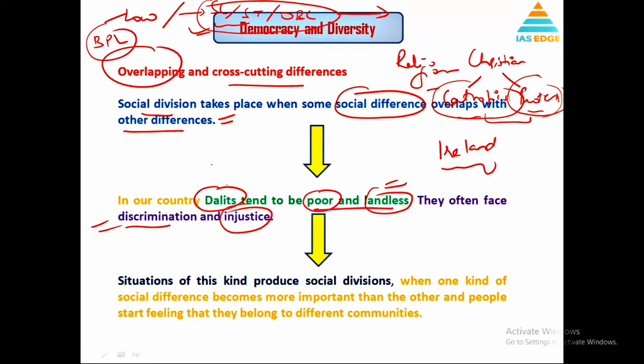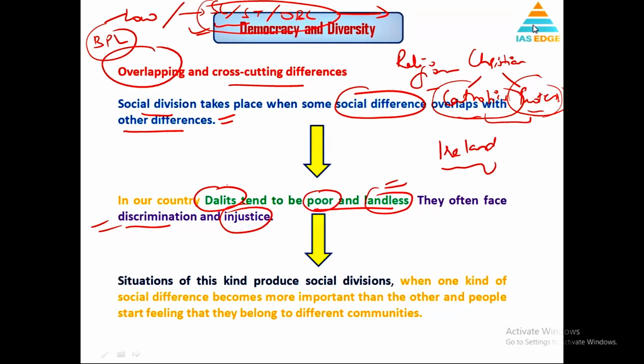Now, can we say that it is a social difference? Yes, there is a social difference between people who are Dalits and people who are non-Dalits, and at the same time, these Dalits identify themselves with a social division, and that social division again becomes a political division. So you would find that mostly Dalit people vote for a certain political party.